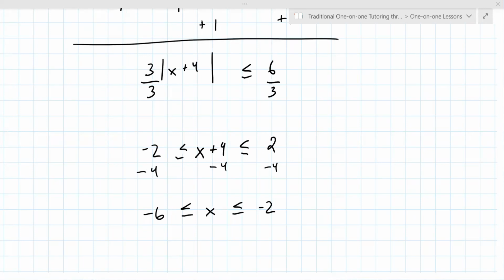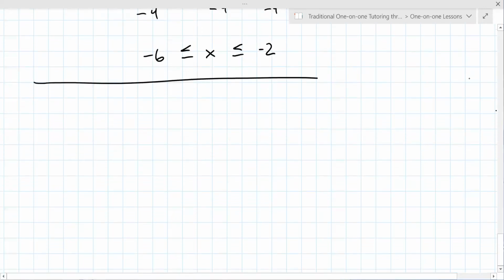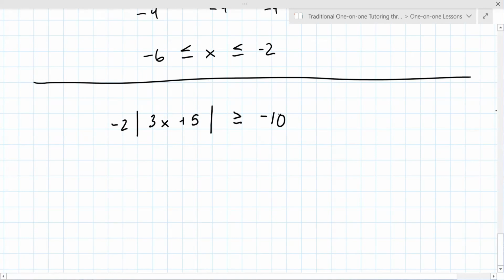Okay, so let's do another problem here. I'll make this one a little bit different. -2 absolute value of 3x plus 5 greater than or equal to -10. At first glance, this appears to be different than the previous problem, but all we have to do is divide, right?